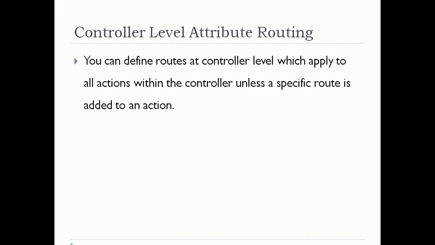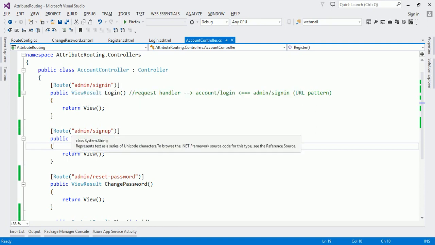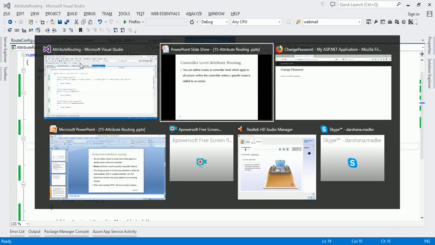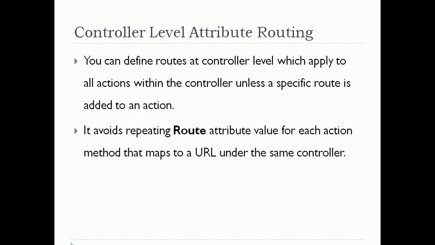Suppose if you observe, every time we are saying admin slash, admin slash, admin slash. This is the common part. Instead of writing it again and again, if I can mention it for the controller, then it will be very easy for me. So that can be defined with the help of controller level attribute routing. Now what it does, it will avoid writing the same value for multiple routes.